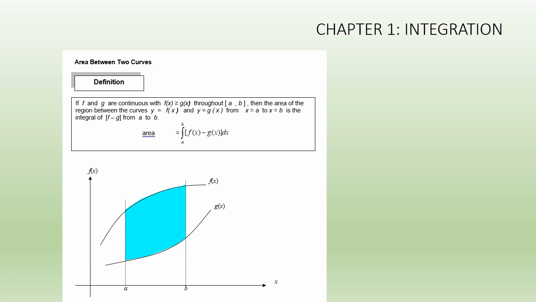So the formula for the area between two curves is the integration from a to b of f(x) minus g(x) with respect to dx. As we can see here in the graph, the region lies between the graphs f(x) and g(x) for the interval a to b.